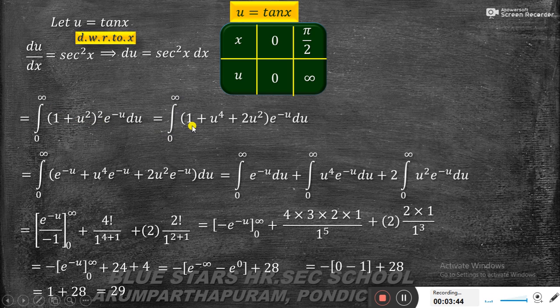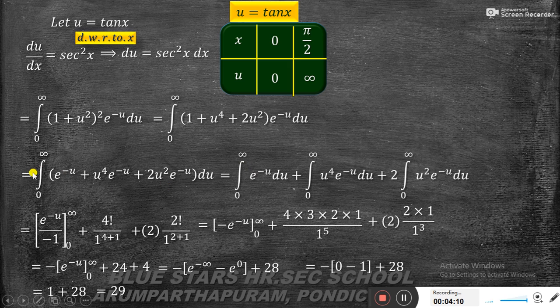So 1 plus u square whole square is 1 plus u power 4 plus 2u square, times e power minus u du. Multiplying e power minus u into each factor, we get e power minus u plus u power 4 e power minus u plus 2u square e power minus u.